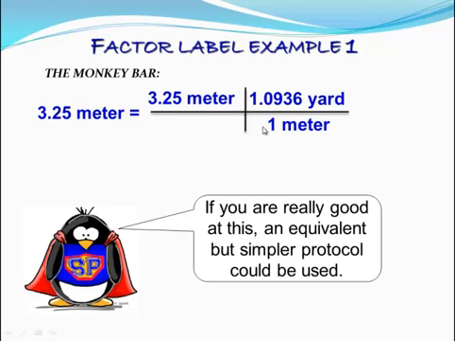So now you know it's 1.0936 yard equals 1 meter, because this whole term has to be equal. Otherwise, this equal sign is not valid anymore. Okay, so then you can cancel out the meter, and you got the yard. That would be the desired unit. So the answer is 3.55 yard.